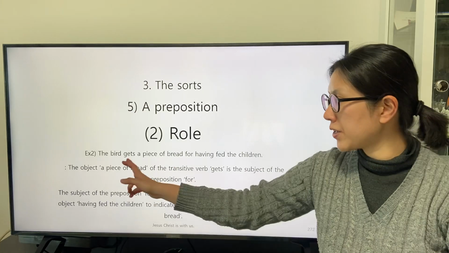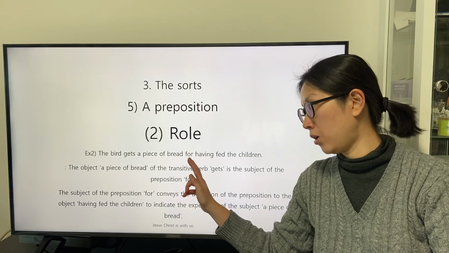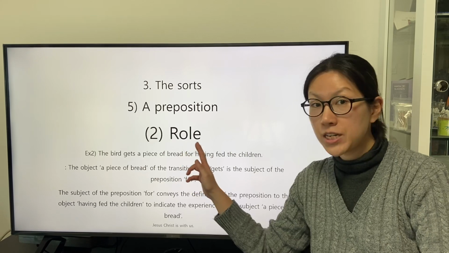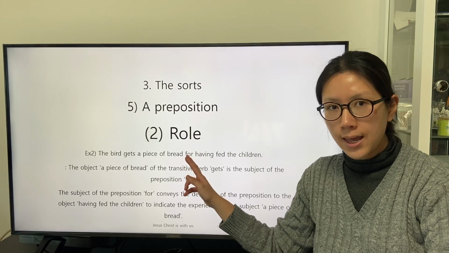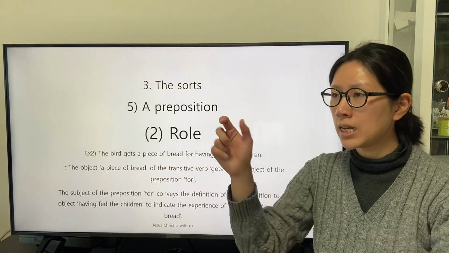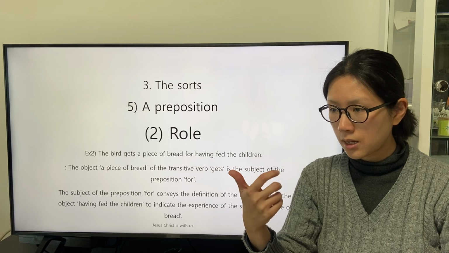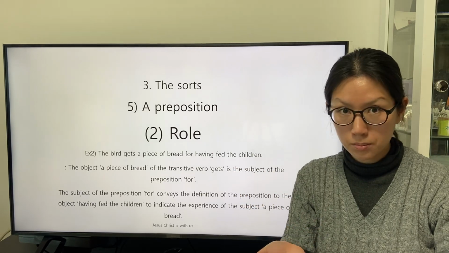The purpose of the action is described by the definition of the preposition for, and the purpose is described in a duration.